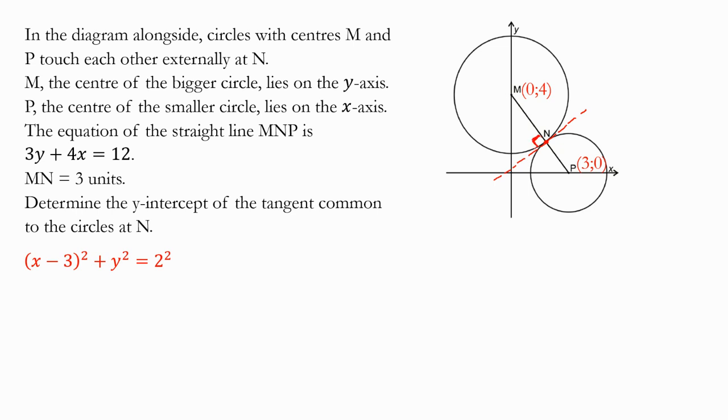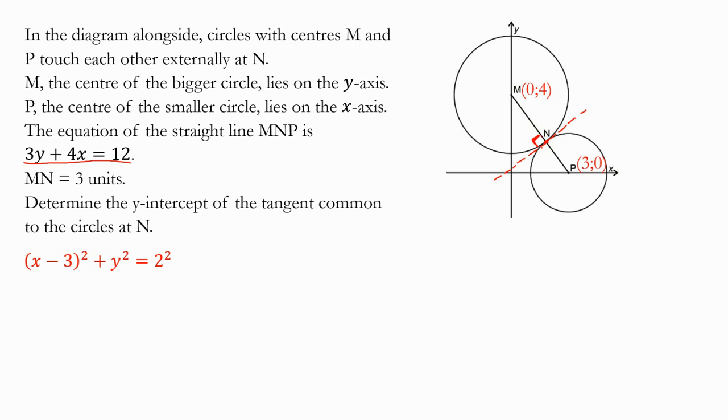And then remember we have the equation of MNP. From the equation of MNP, we can find its gradient. And then remember the gradient of perpendicular lines: the product of the gradients of perpendicular lines will give you -1.